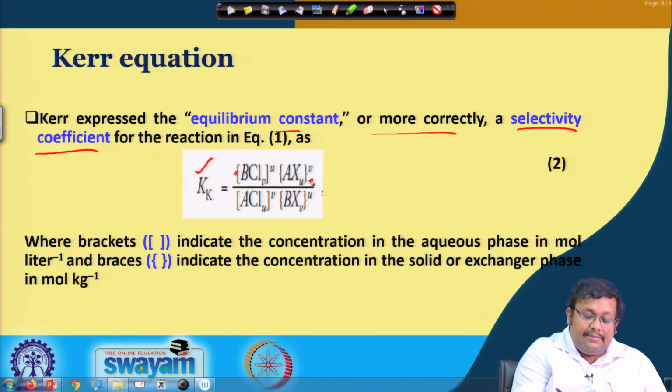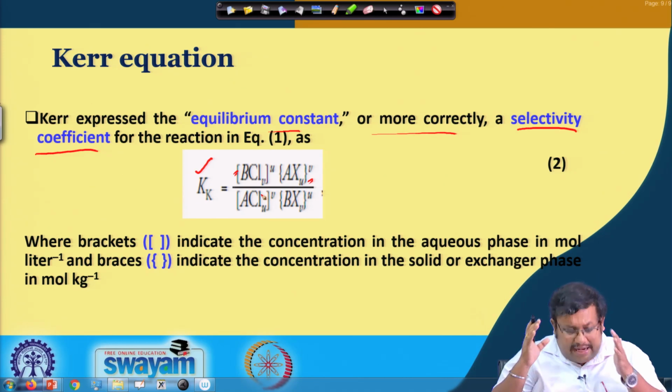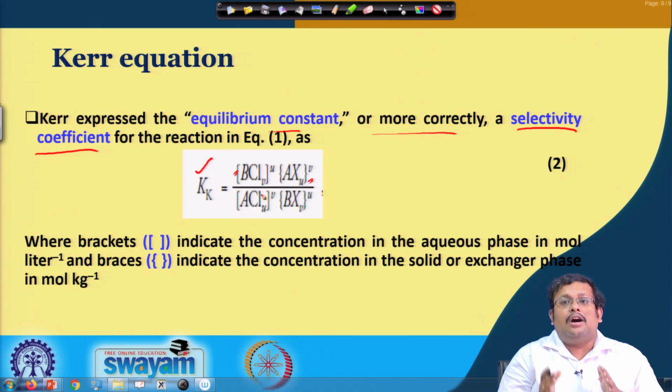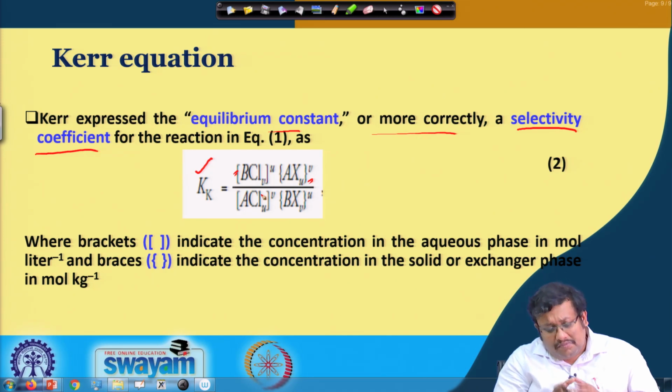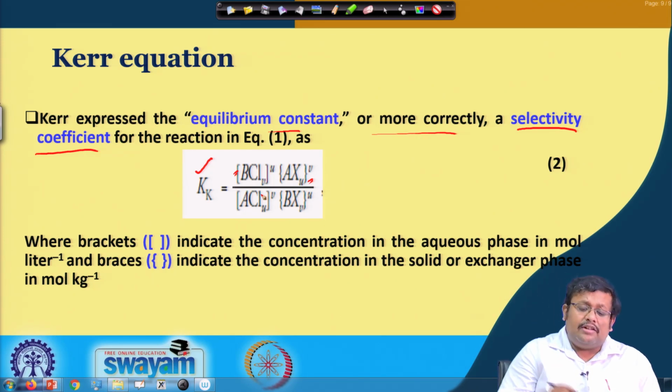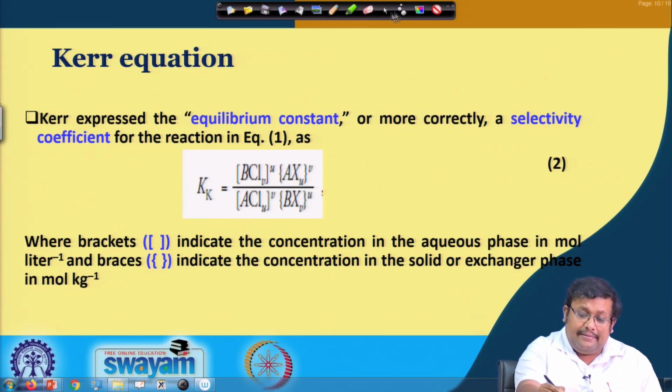So, one thing is clear: this is a ratio involving the concentration of the ion in the aqueous phase, multiplied by the concentration of the ions in the solid phase. This is called the equilibrium constant by Kerr.